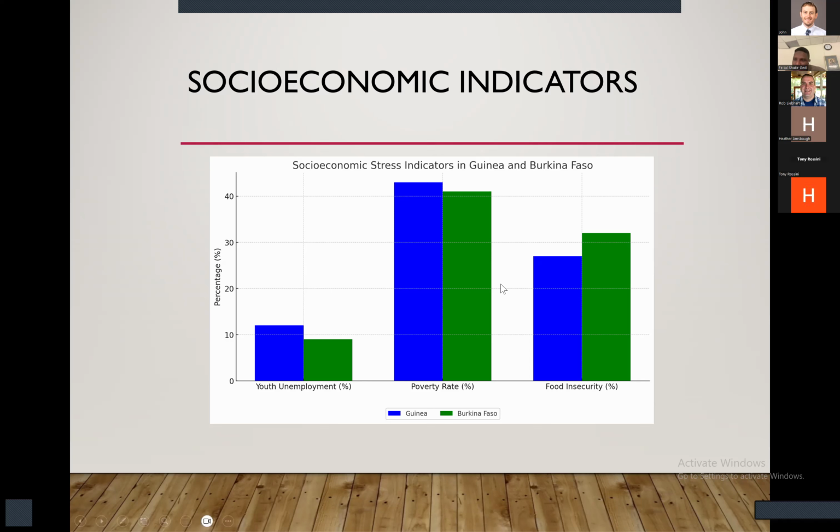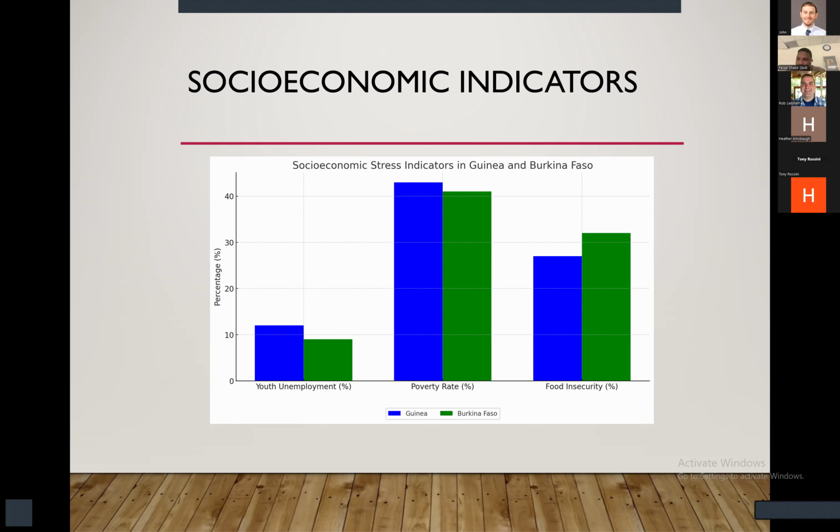This is particularly concerning, given its link to climate vulnerability, rural displacement, and conflict over land or resources, especially in regions facing violent extremism.